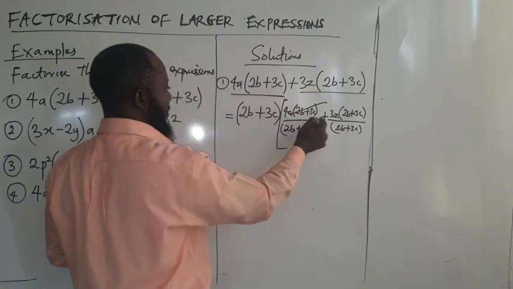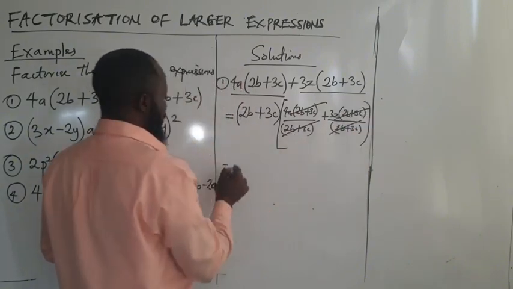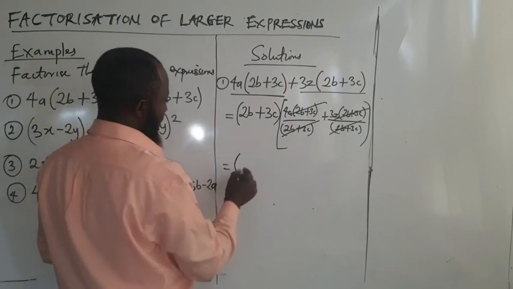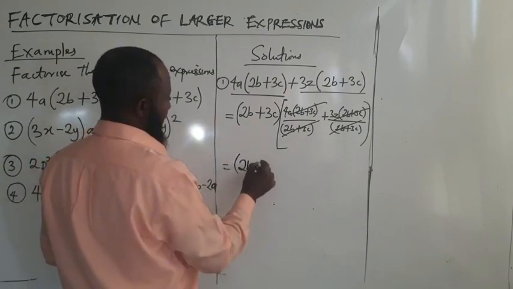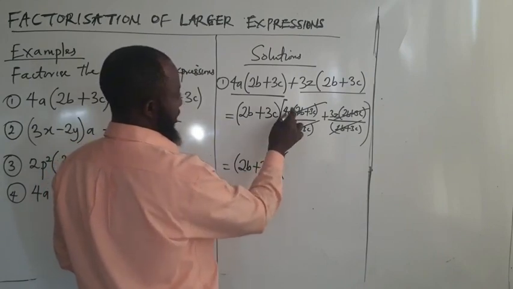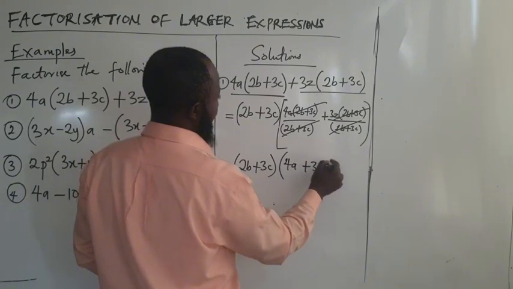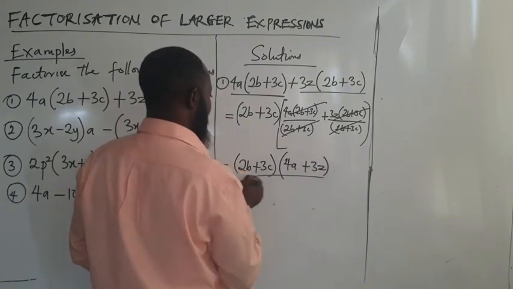So this we cancel this. This we cancel this. Then we have this left. So which means we're going to have 2b plus 3c, then open the bracket. What you have left is 4a plus what? 3z.